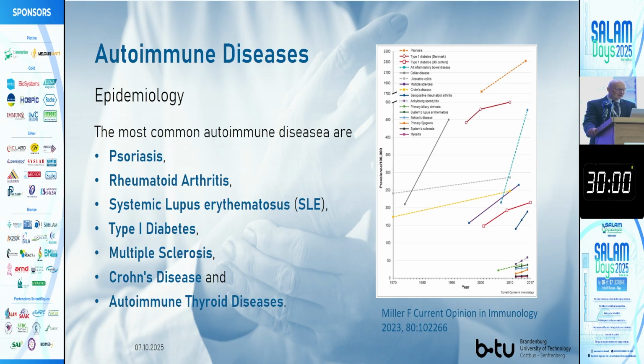And I would like to mention here in this context the seminal review of Fred Miller, which was published in Current Opinion in Immunology, where he very elegantly demonstrated that there is a significant rise in the incidence and prevalence of autoimmune diseases. What does this mean?